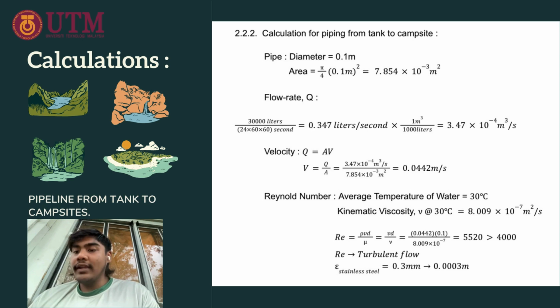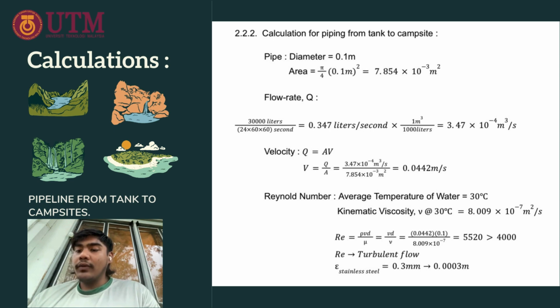Next, we find the velocity, Q equal to AV. After we rearrange, we got V equal to Q over A. After we calculate, our velocity is equal to 0.0442 meter per second. Next, for the Reynolds number, we also take the average temperature of water equal to 30 degrees Celsius.